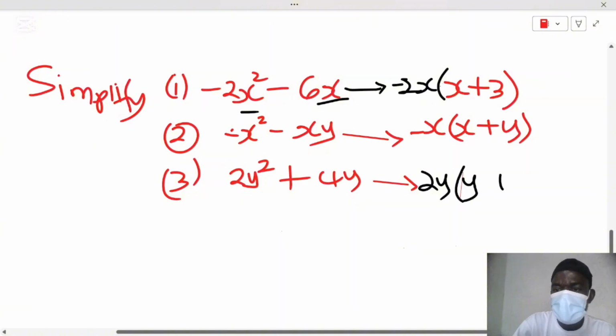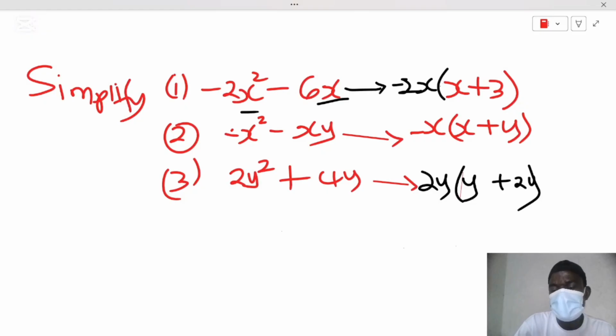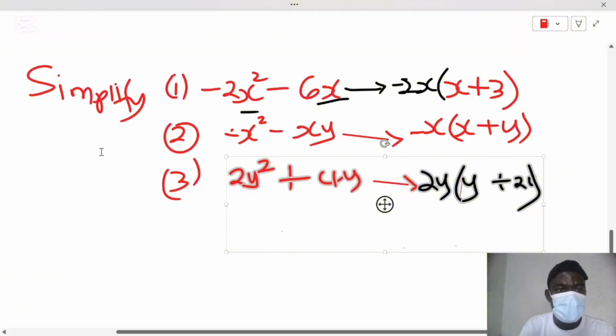And then 4y divided by 2y is 2, without y. It means you have now factorized the quadratic expression like a binomial.